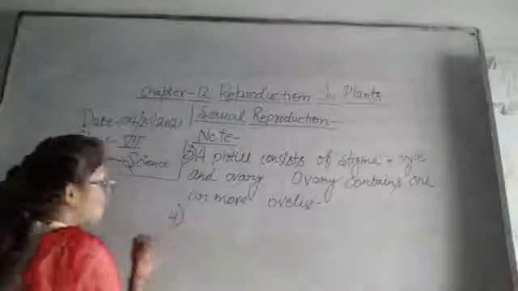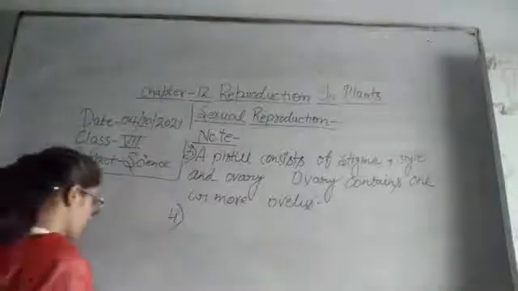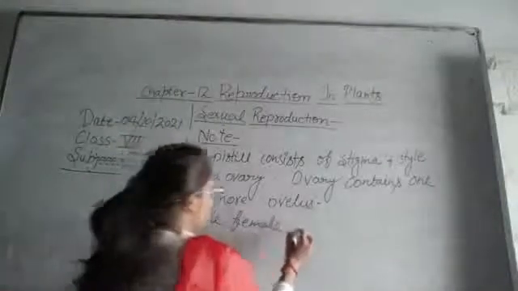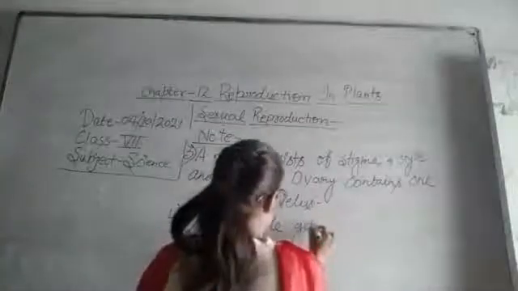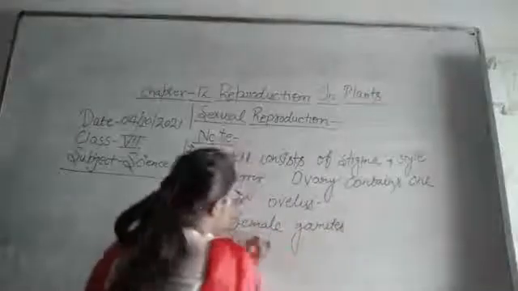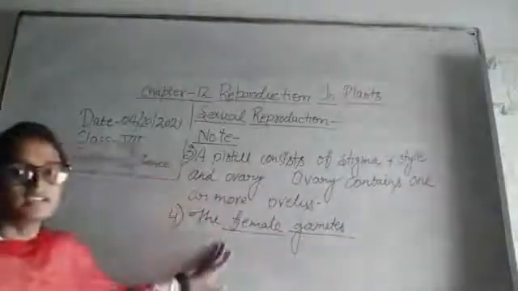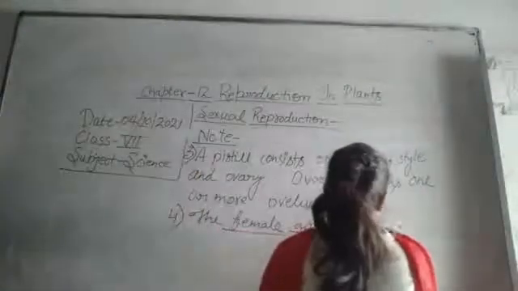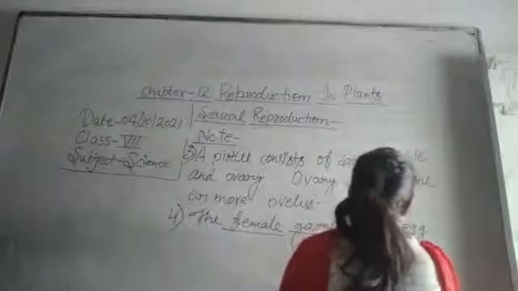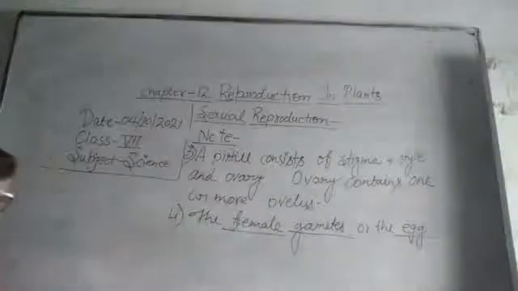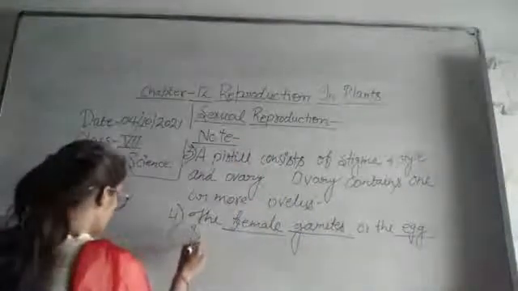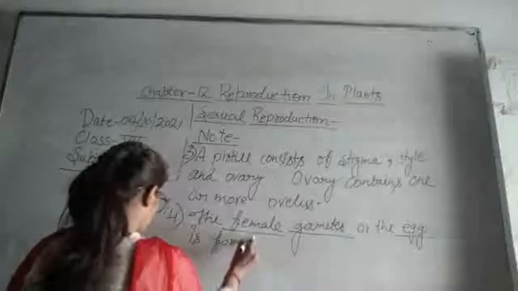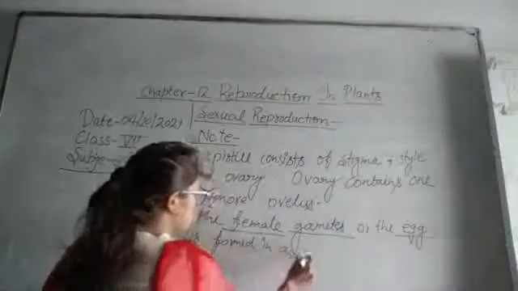Now, note point 4. The female gametes, please underline this sentence: the female gametes or the egg is formed in an ovule.